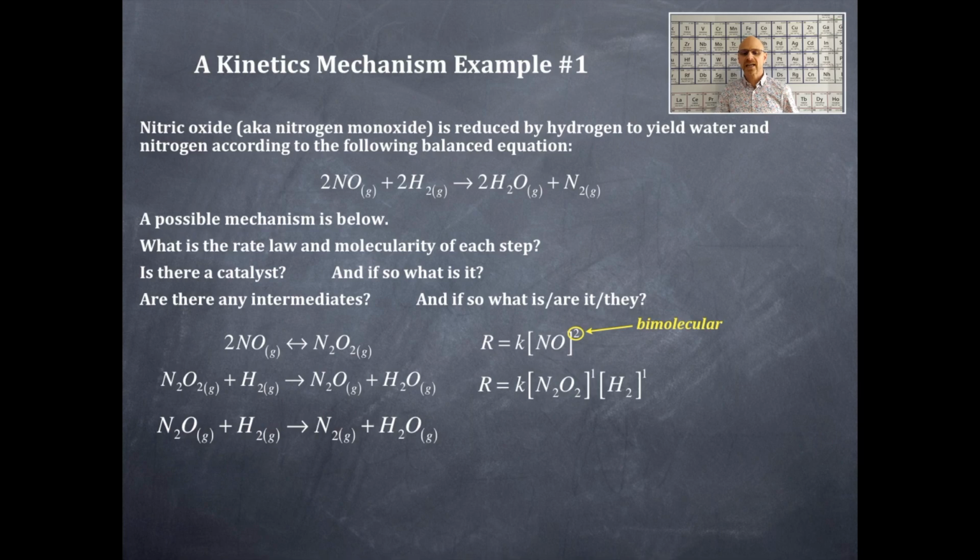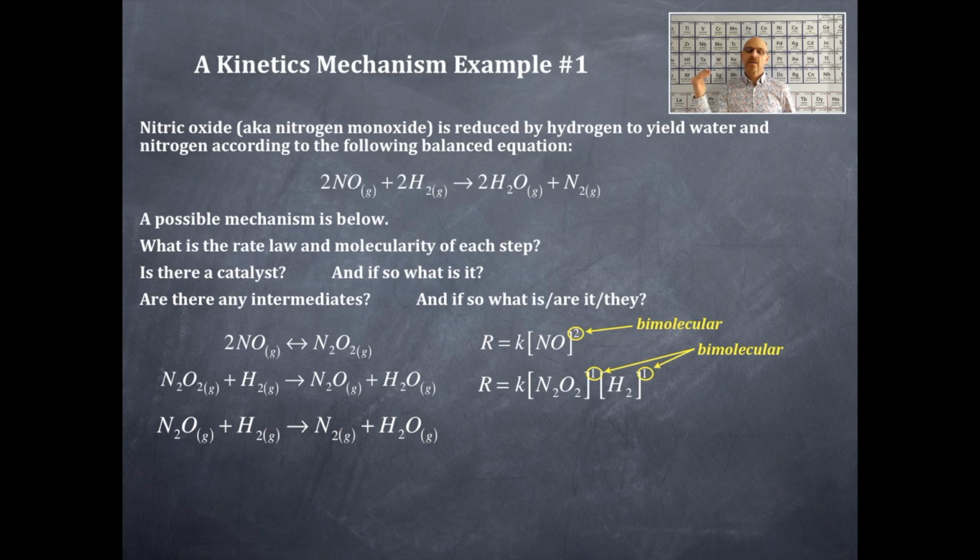R is equal to K, that's our constant, times [N2O2] to the first power, and that's because the stoichiometry of the N2O2 is a 1, times [H2] to the first power. And again, the first power for the H2 is because the H2 on the reactant side has a stoichiometric coefficient of a 1. So what is the molecularity of this elementary step? It is bimolecular. So you're adding up the 1 plus the 1 to get bimolecular.